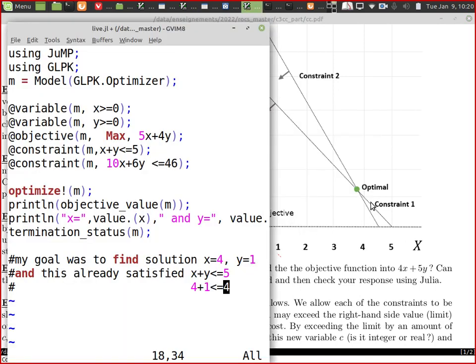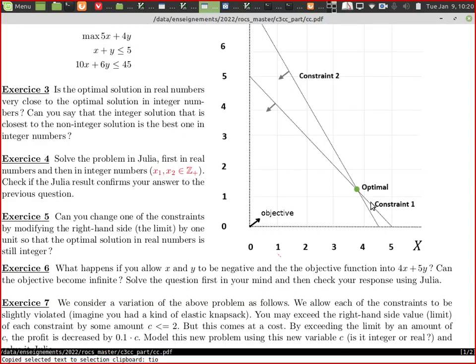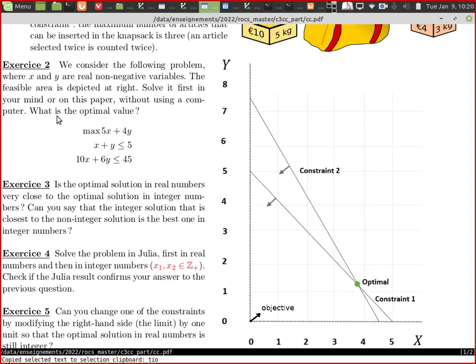Okay. And what's the advantage of such a program? The solution in real numbers is integer. So in this case, it's easy to solve the problem in integer numbers. In computational terms, solving a linear program in real numbers is considered a very, very easy problem.